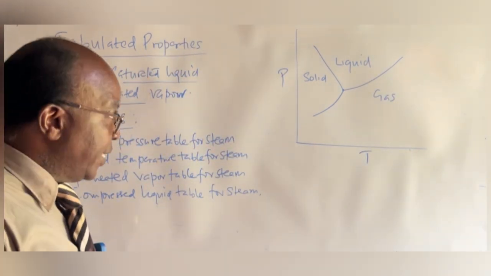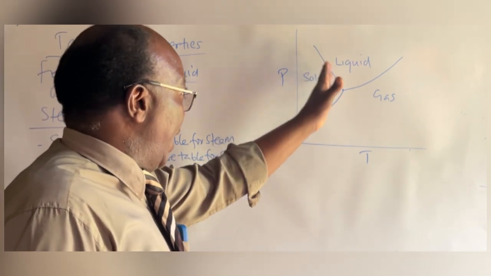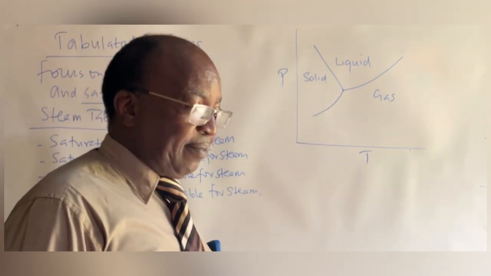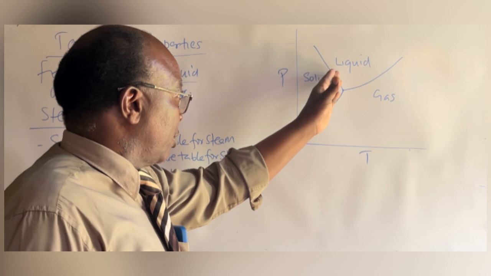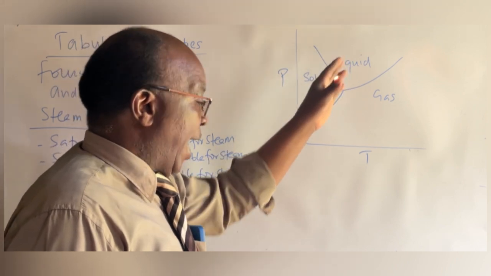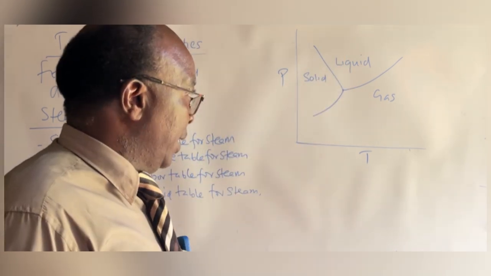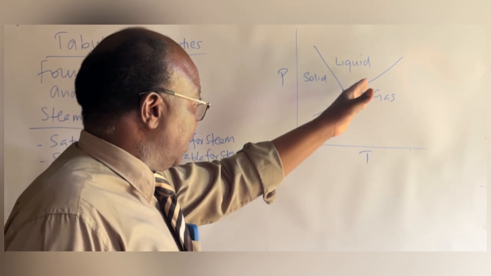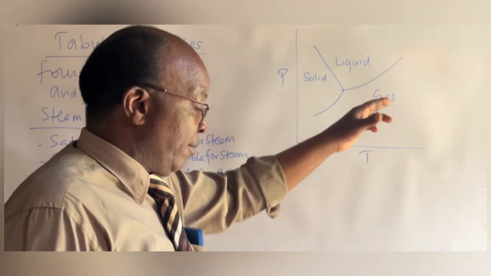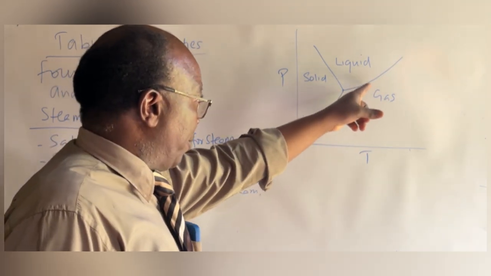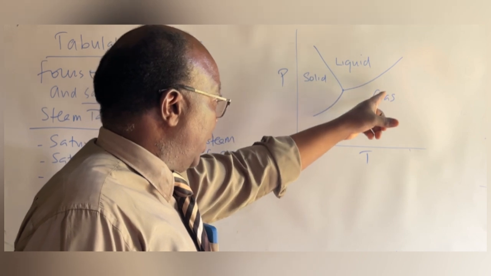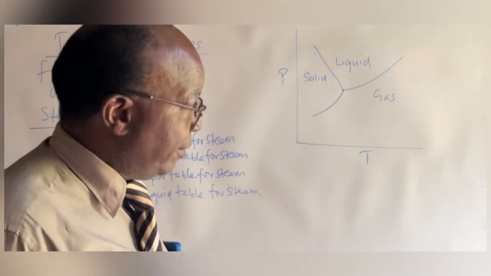On the solid-liquid curve, the chemical potential of the component in the solid and in the liquid is the same. On the liquid-vapor curve, the chemical potential in the liquid is the same as in the vapor.